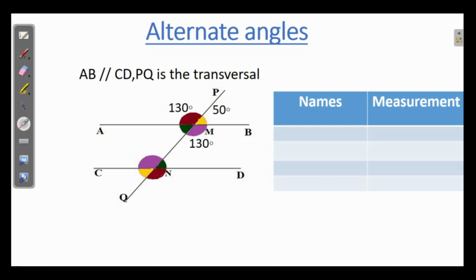How? In two ways we can calculate: opposite angle or linear pair. Then this angle is 50 degree. That also opposite angle or the linear pair, in this way or in this way. Anyway, it is 50 degree.